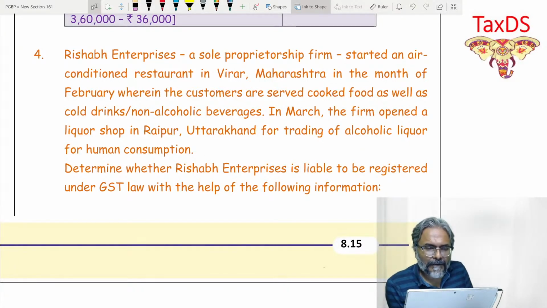In March, the firm opened a liquor shop in Raipur, Uttarakhand, for trading of alcoholic liquor for human consumption.